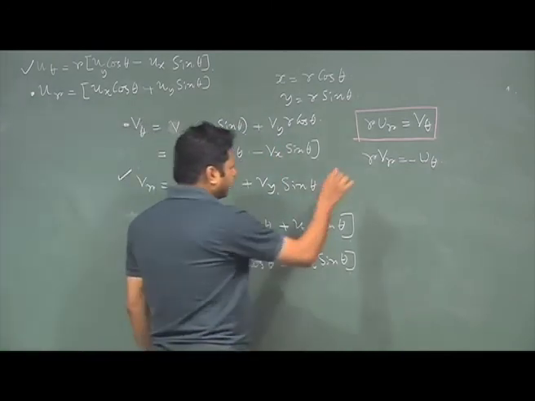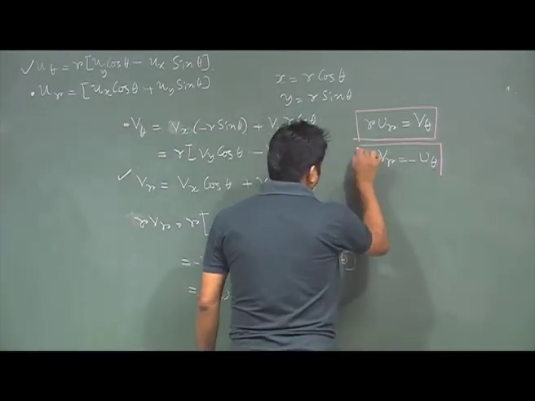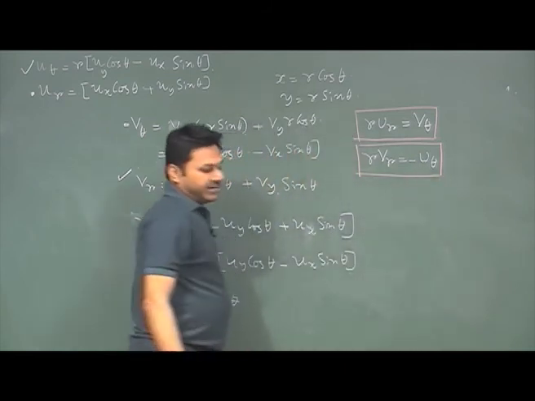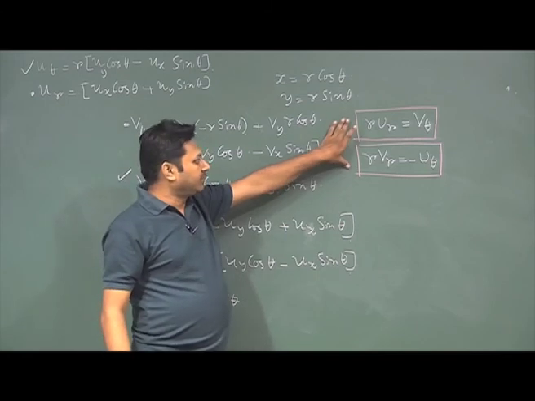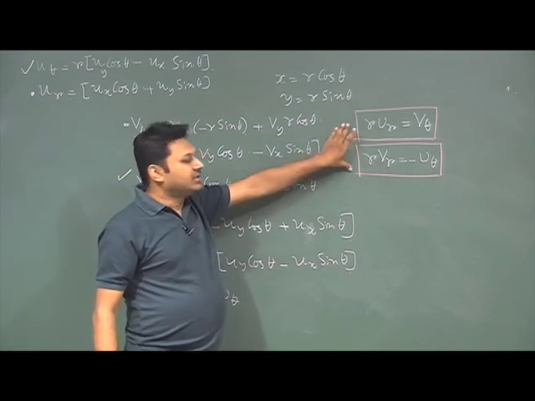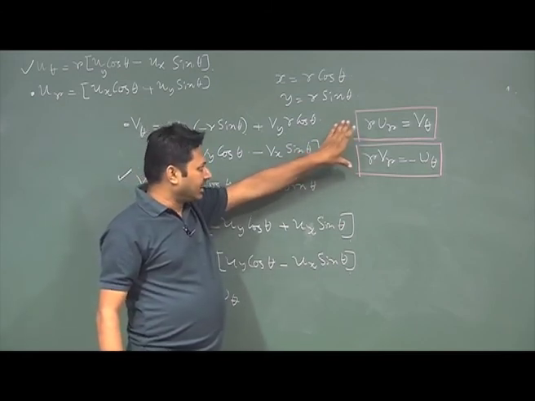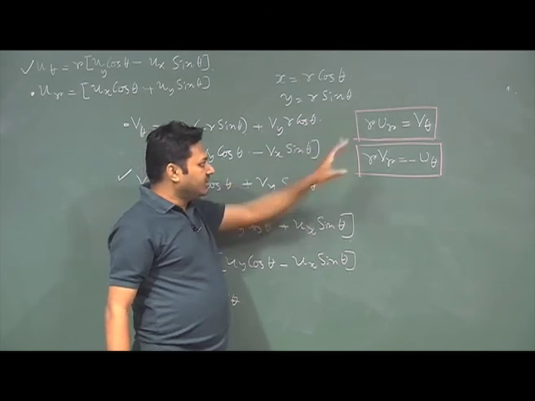So, these are the two expressions that we have. This is the same expression, Cauchy-Riemann equation. This is the same relationship that we have in Cartesian coordinates, now in polar coordinates.